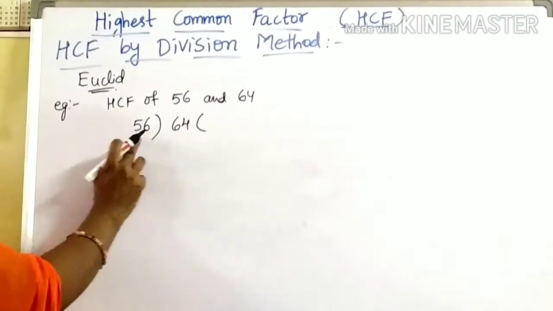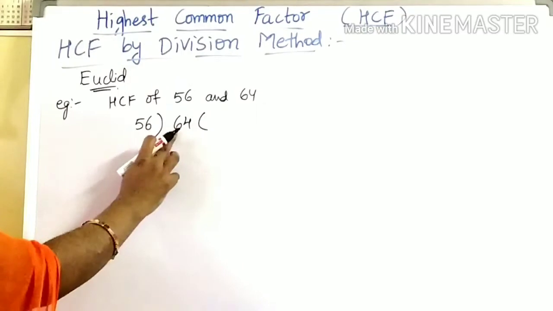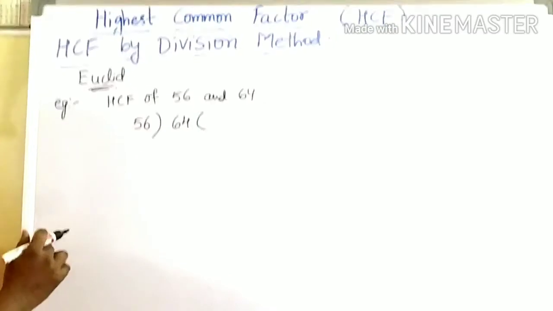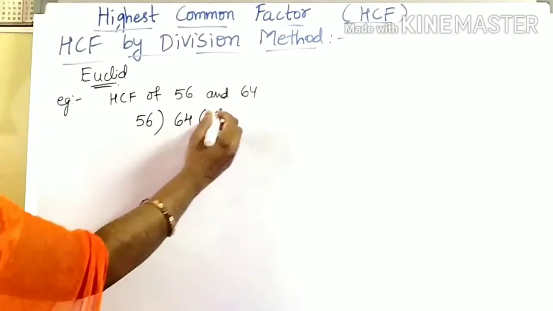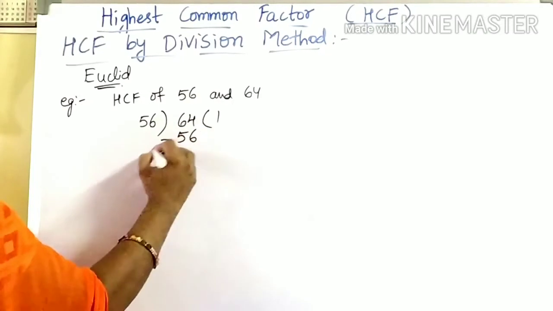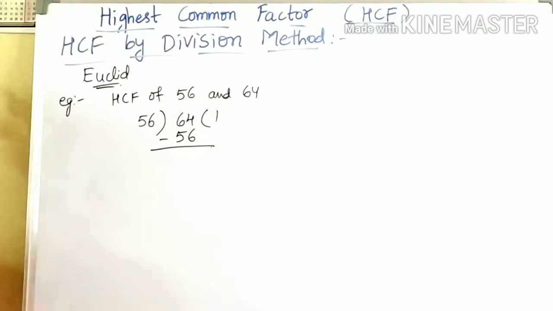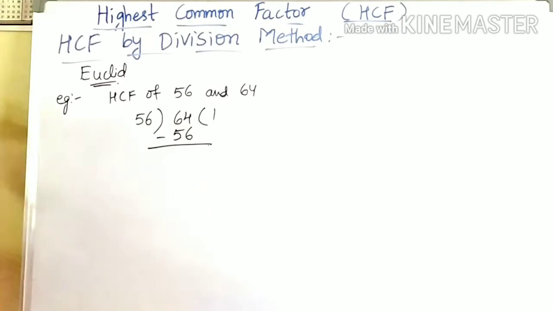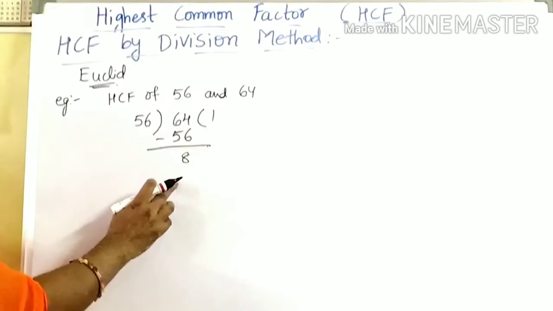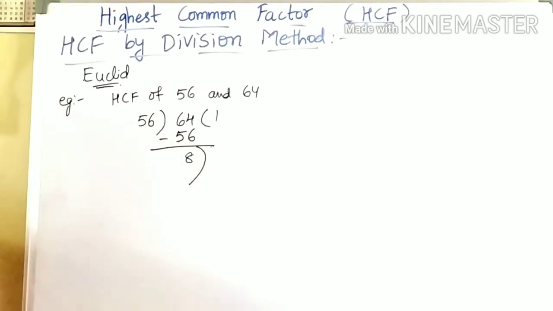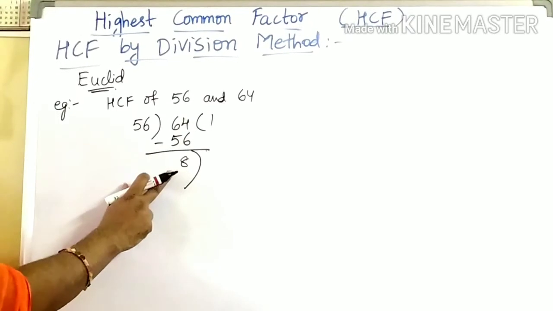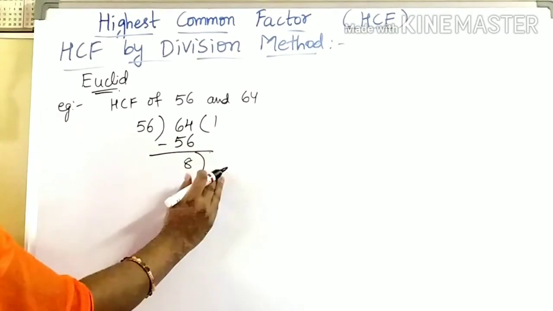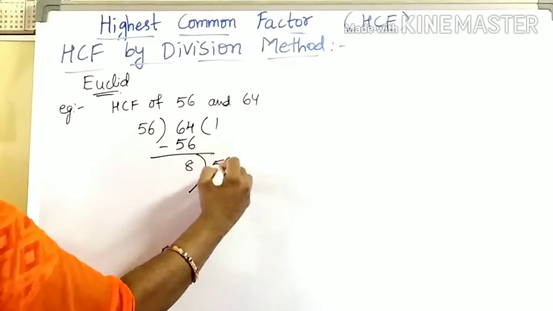Now, you divide the larger number with the smaller number until the remainder is 0, right? First you divide: 56 ones are how much? 56, right? So when you subtract this, how much are you going to get? 8, right? Now in this method 8 will become the divisor again, and the dividend is 56.